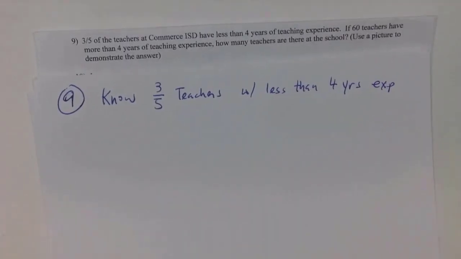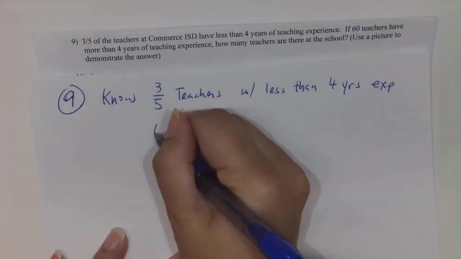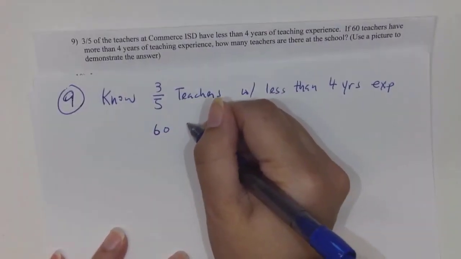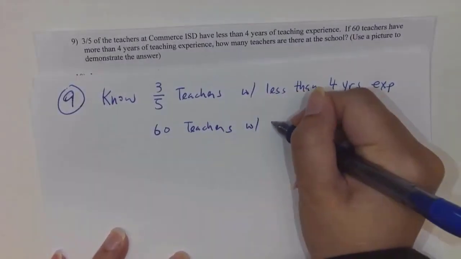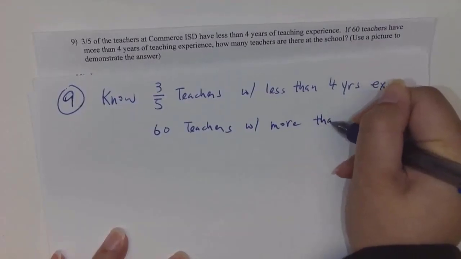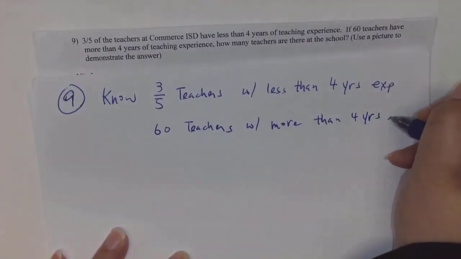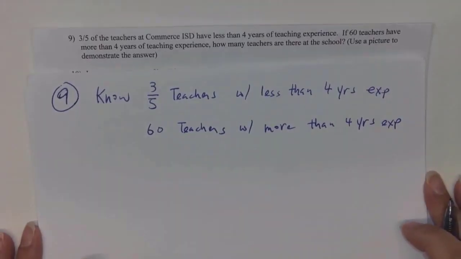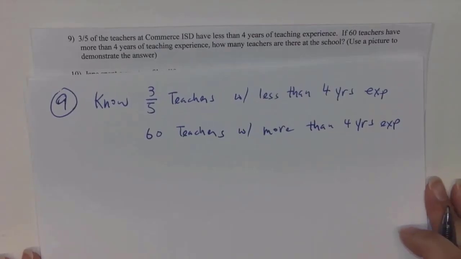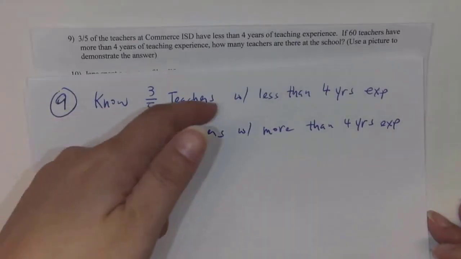Okay, what else? 60 teachers with more than 4 years experience, right? And it's asking how many teachers. We want to know how many teachers, what? Total. All right. So I guess they figured this out in the middle of the semester, so nobody is exactly 4. It's either less than 4 or more than 4.